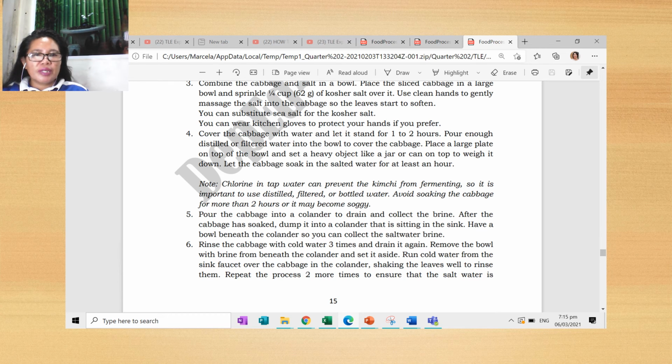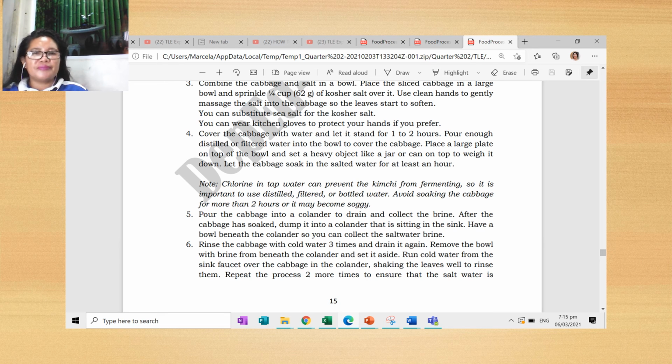Avoid soaking the cabbage for more than 2 hours or it will become soggy. Pour the cabbage into the colander and drain, and collect the brine. After the cabbage has soaked, dump it into the colander sitting in the sink.